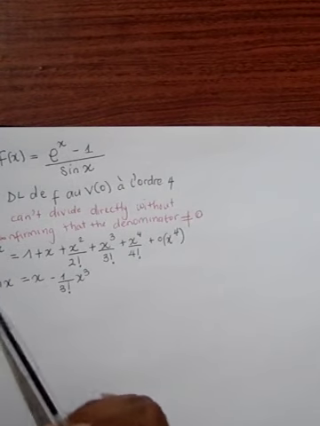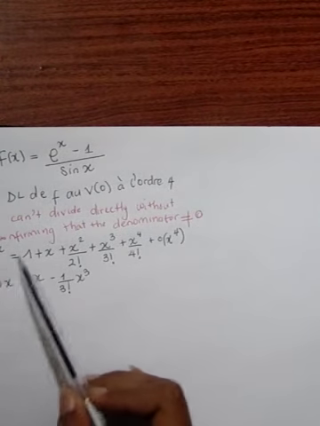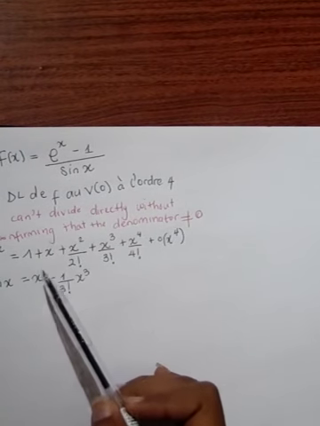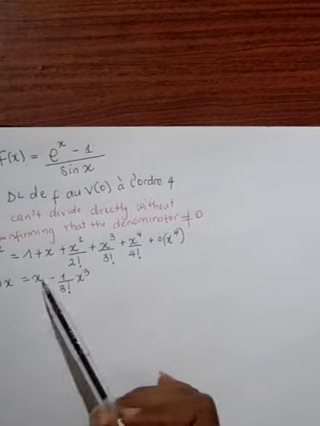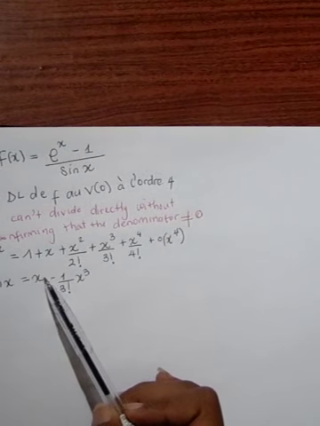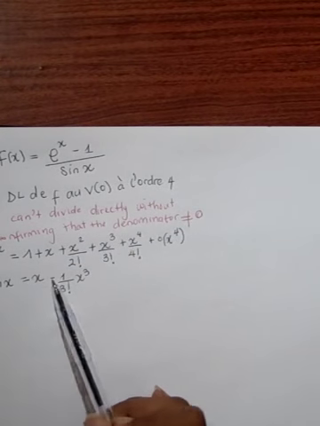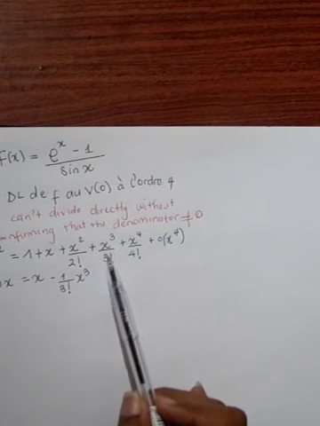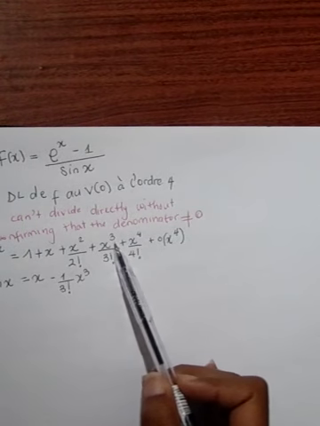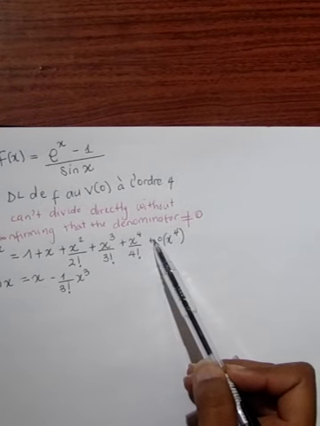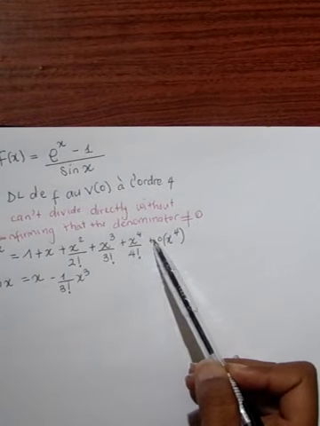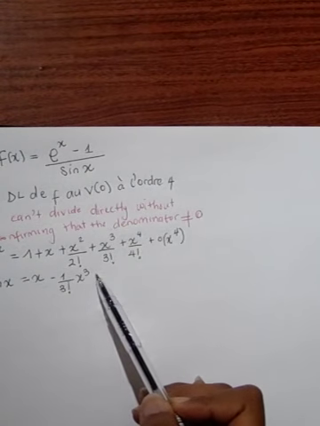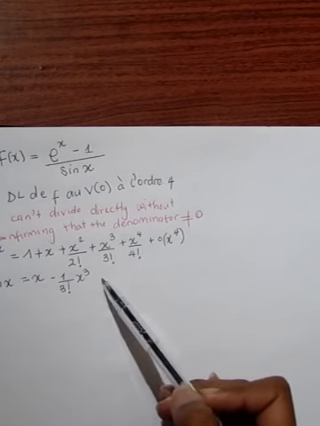We can get the DL of sinus x from exponential x by taking out the odd powers from exponential x. So here we've taken out x. The next thing we take, and we'll be alternating the signs, is minus 1 over 3 factorial x raised to the power of 3. The next thing we're going to take is the order of 5, and since we're alternating the signs, the next has to be positive x raised to the power of 5 over 5 factorial.